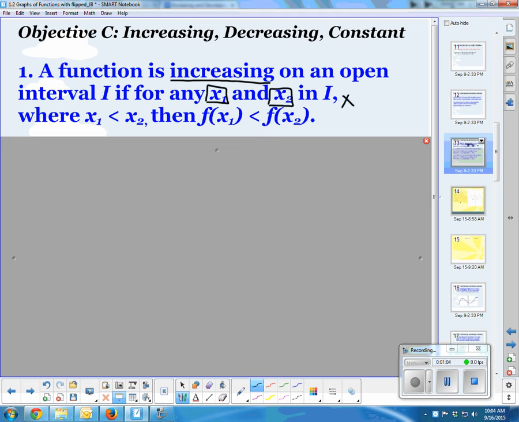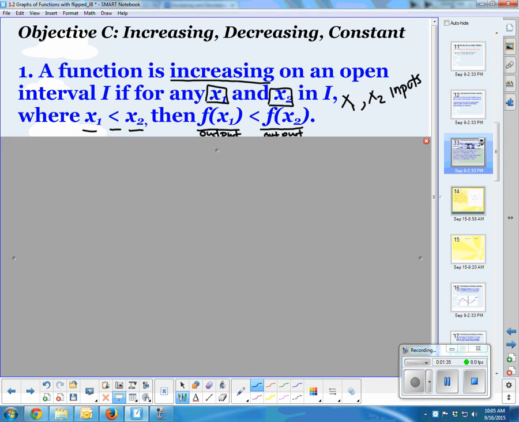Remember, x1 and x2 are inputs. Then it says where the first input is smaller than the second input, then f of x1, that's our output. When you put x1 into the function, whatever you get out is less than the next output from the next x that you put in.